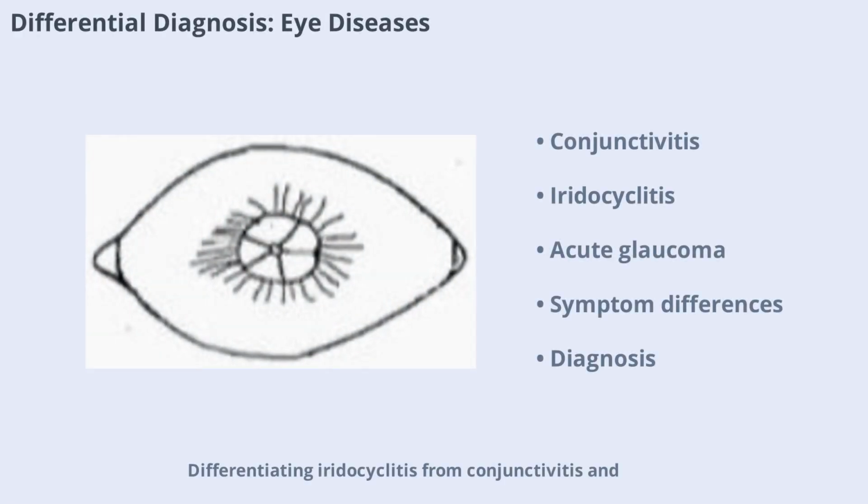Differentiating iridocyclitis from conjunctivitis and acute congestive glaucoma is essential. Conjunctivitis has gradual onset, mild discomfort, mucopurulent secretion, superficial congestion, and normal cornea. Iridocyclitis presents with moderate pain, watery secretion, deep ciliary congestion, normal or opaque cornea, constricted pupil, and slightly impaired vision.